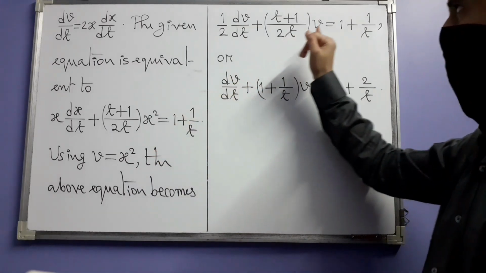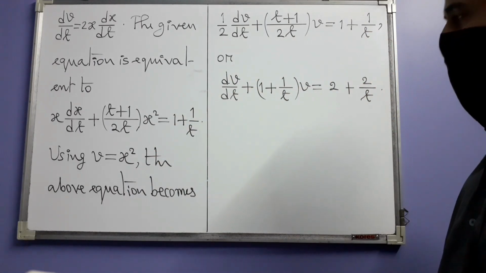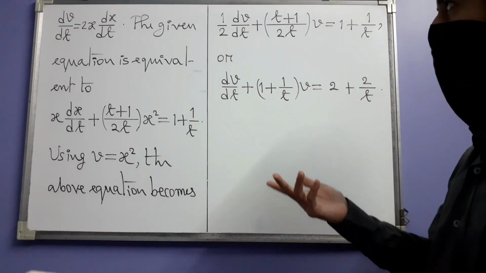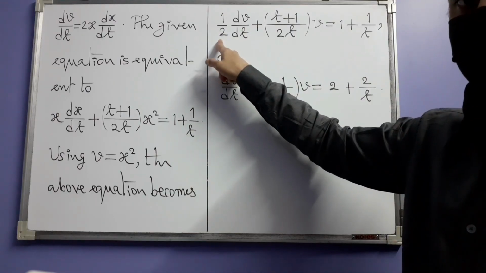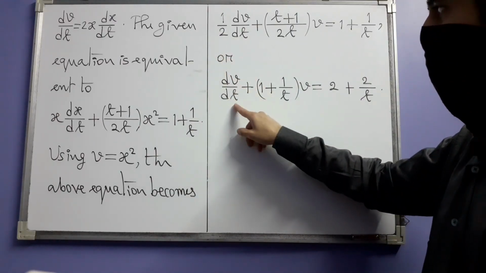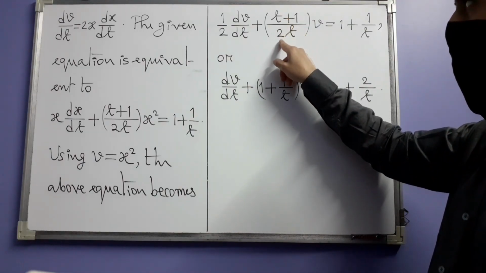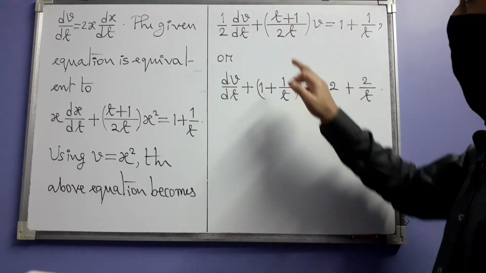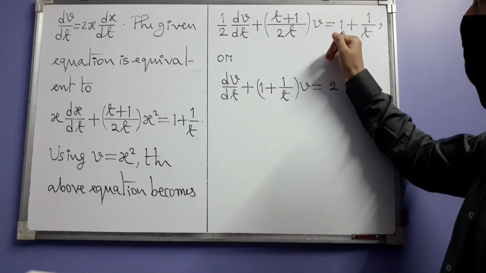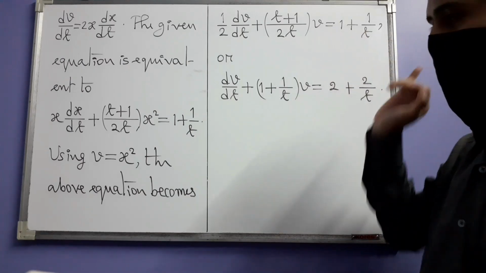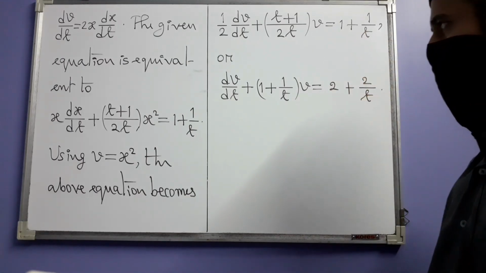In place of x squared, we have written v, and the right hand side of course remains as it is. Or we simplify it a little more by multiplying both sides by 2, so that we can get rid of this 1 divided by 2. So that way we get dv/dt plus, and here also we do a little simplification. 2 will no longer be present here, and we will have 1 plus 1 over t, just like that side. And this side has to be times v, and this side has to be multiplied by 2. So that becomes 2 plus 2 divided by 2t.